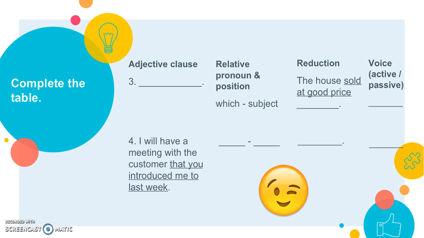The sentence with an adjective clause was taken away, but we have which and subject. You know that you will have to use which. And then you look at reduction, you know what is the subject of your sentence. I think you are very smart and you can do this. Also, try not to do this for more than 3 minutes.